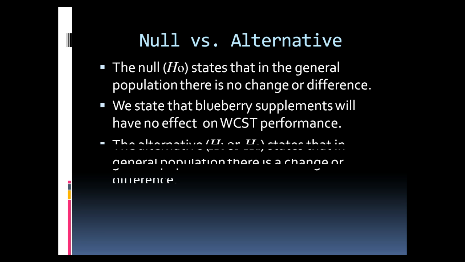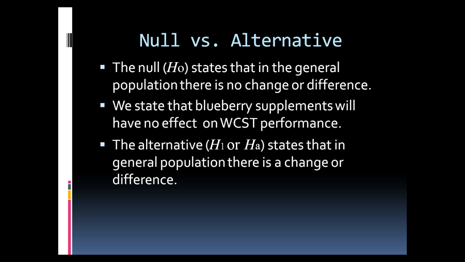So we state that the blueberries have no effect, but the alternative, or H sub 1, or H sub A, which is alternative, and the 1 refers to, you can have several alternative hypotheses. You can have H sub 1, H sub 2, H sub 3, but in this case, it's just going to be 1. States that in the general population, there is a change or difference.